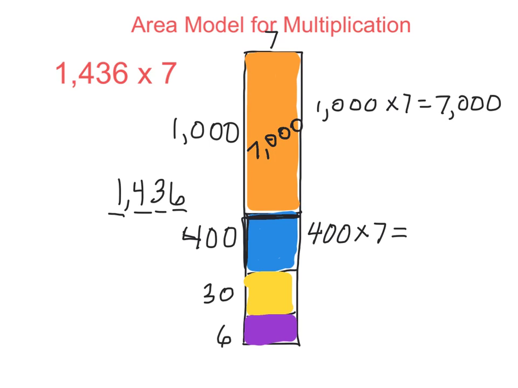That might be a hard problem for a lot of 4th graders to think about. 400 is a big number. What I can think about is, what is 4 times 7? I know 4 times 7 is 28, and then you can just sort of tack on those two zeros from the 400 to your answer. So 400 times 7 is 2,800.